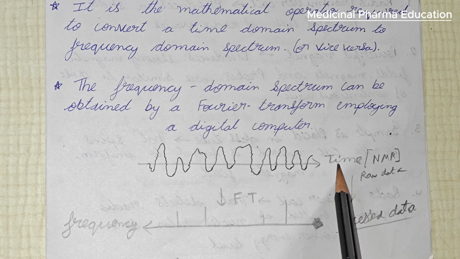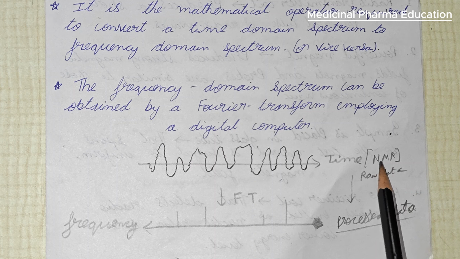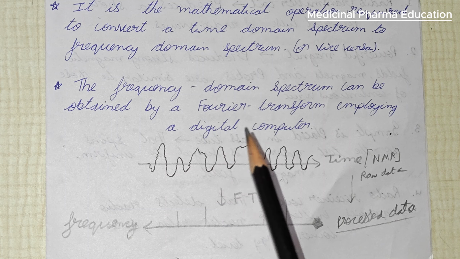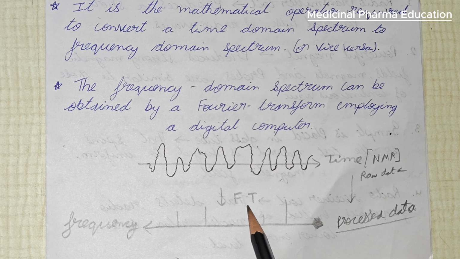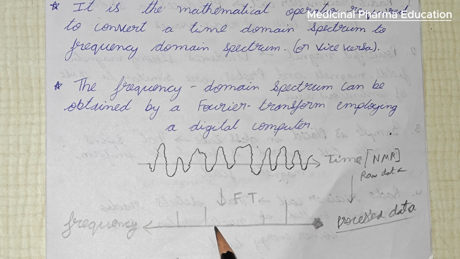Time domain is nothing but the raw data of NMR spectroscopy. Raw data means it gives everything, every single peak. Processed data means the FT-NMR, the Fourier transform, analyzes the raw data, the time domain, and gives the wanted readings in the computer.